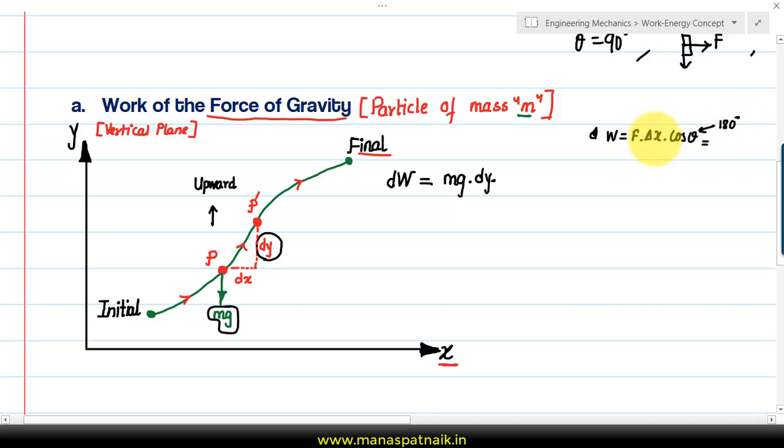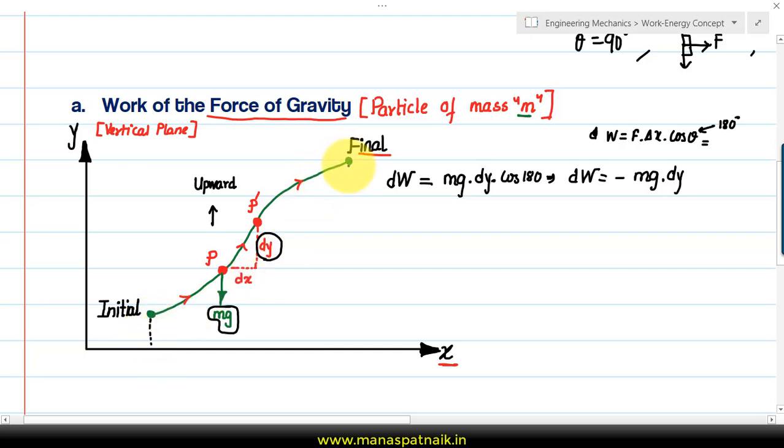So this is a negative work, in fact. So what essentially I can write over here is, if I just write cos of 180 degrees, then dw will work out as negative of mg dot dy.